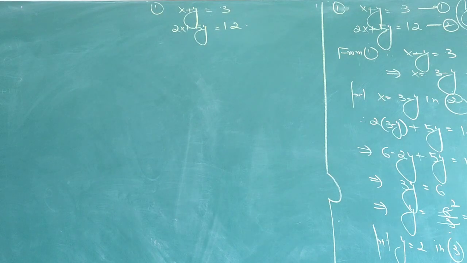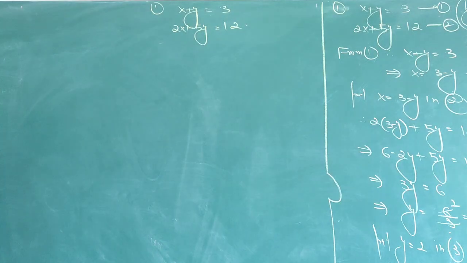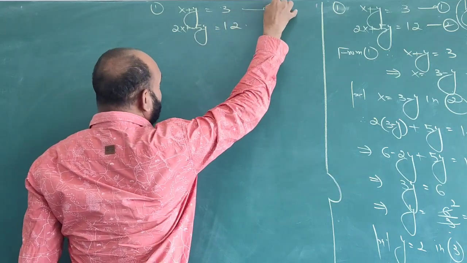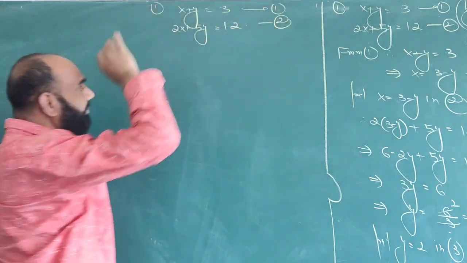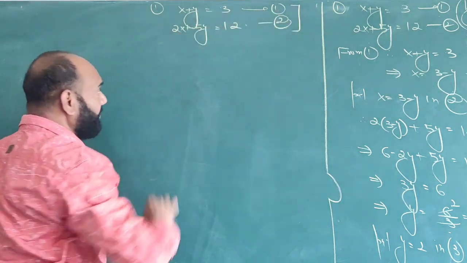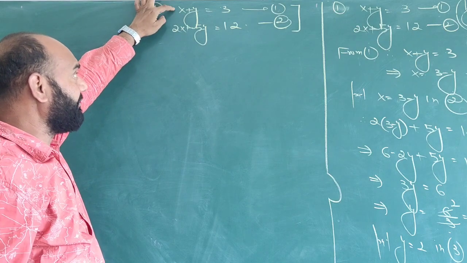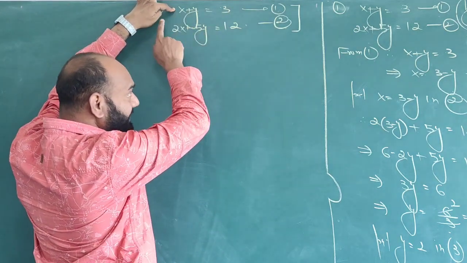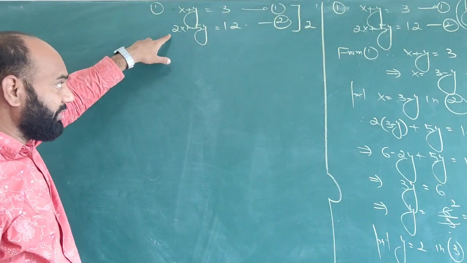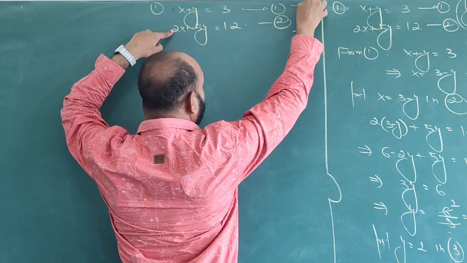In the elimination method we make the same term of x or y. Either we make the same term of x or the same term of y. For this purpose we multiply oppositely. Suppose we want to make the same term of x. The coefficient of x in equation number 1 is 1, and it is multiplied by equation number 2's coefficient, and the coefficient of x in equation number 2 is 2, and it is multiplied by equation number 1.